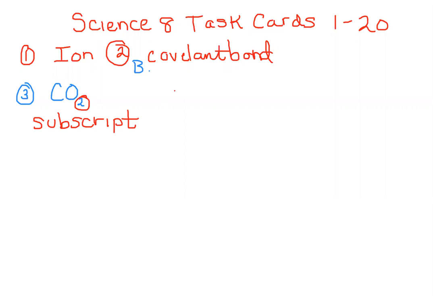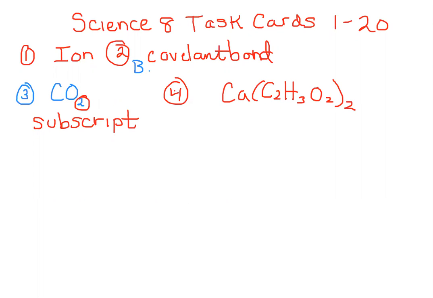Number 4, determine the number of each atom in the formula for calcium acetate. Okay, so the formula is Ca(C2H3O2)2.